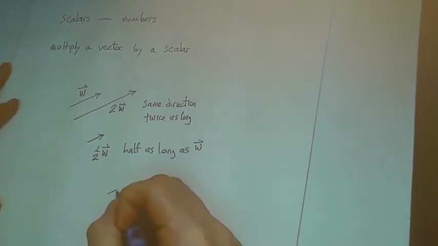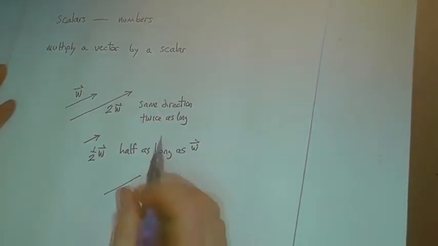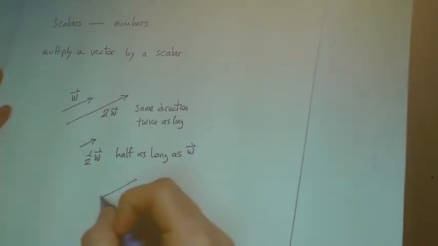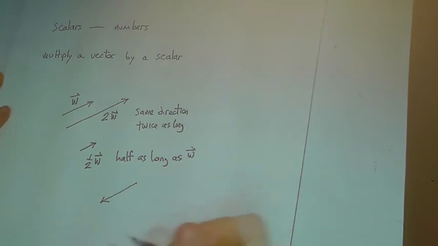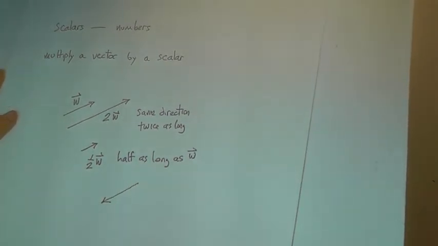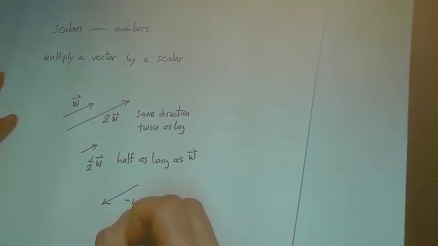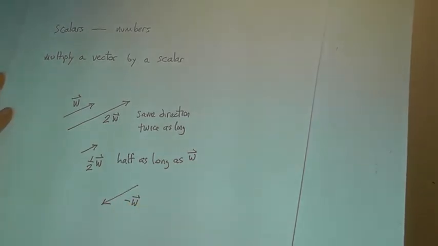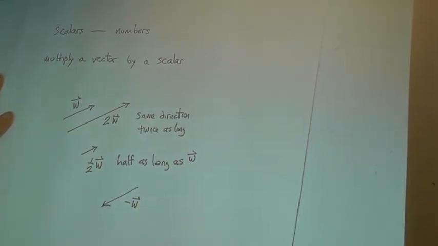If I draw the vector in with the same length, parallel to W, but pointing in the opposite direction, I would call that vector minus W. So I could look at minus 2W.